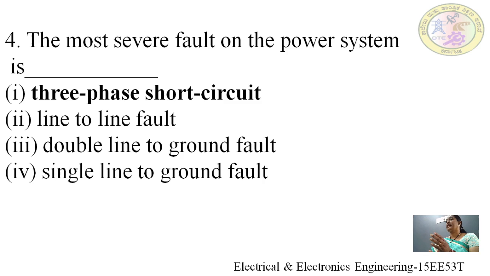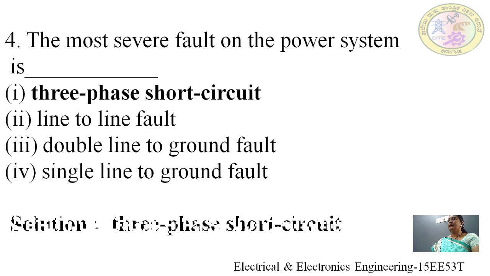In the three phase short circuit fault, all three phases are short circuited and the fault current is very high. Therefore, this is the most severe fault in the power system when compared to line to line fault, double line to ground fault, and single line to ground fault. The answer is three phase short circuit.